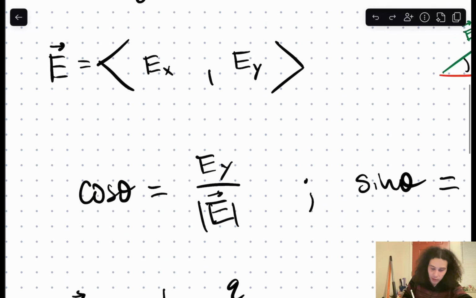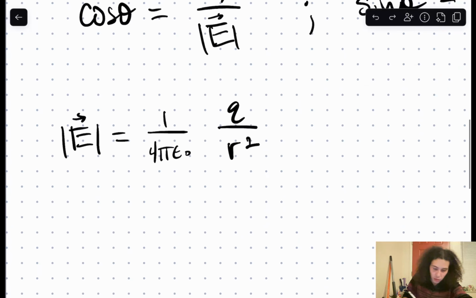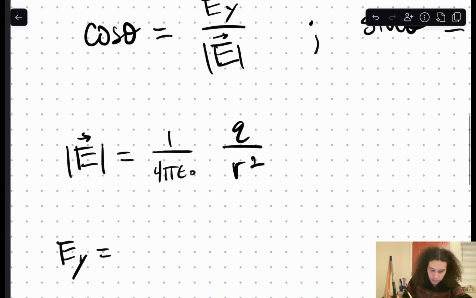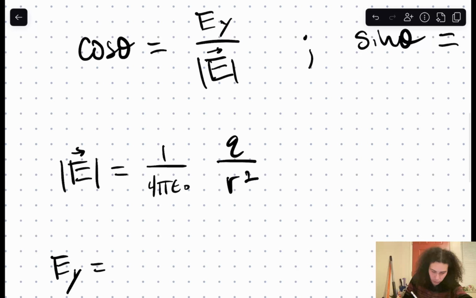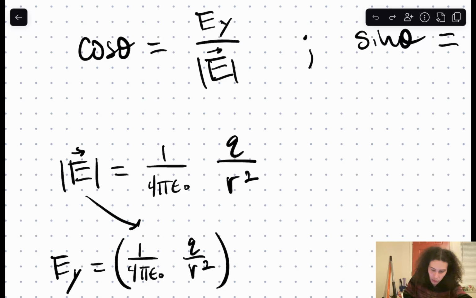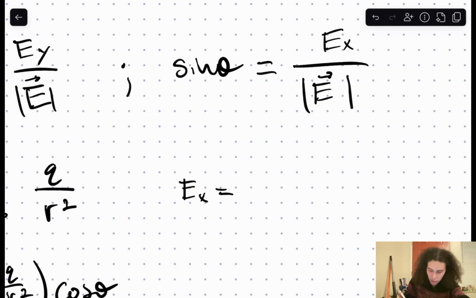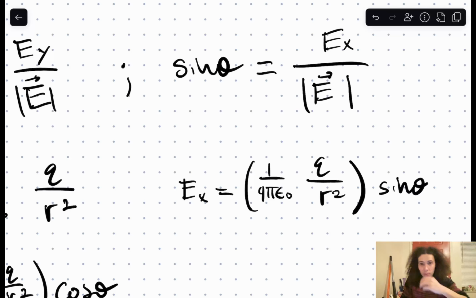So in our case, we can say now EY is equal to 1 over 4 pi epsilon naught Q over R squared times cosine theta. We just do a little algebra and move that over there. And we do the same for this component. So EX is equal to 1 over 4 pi epsilon naught Q over R squared times sine theta.